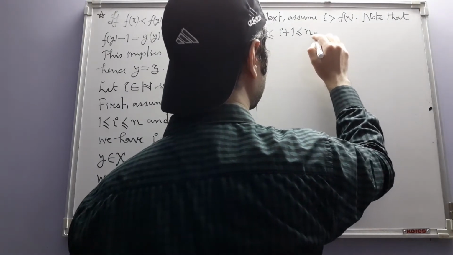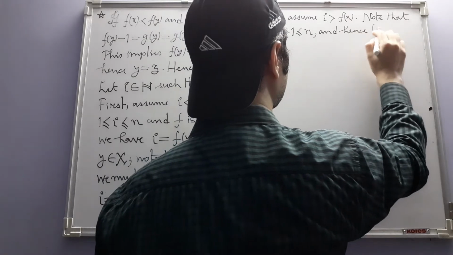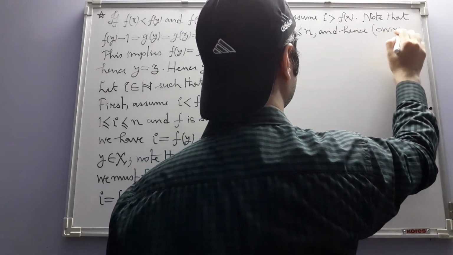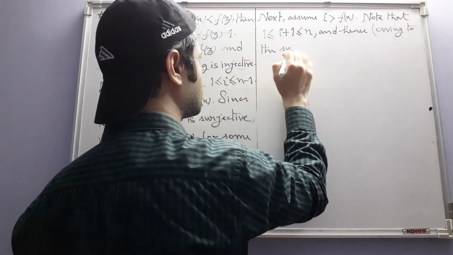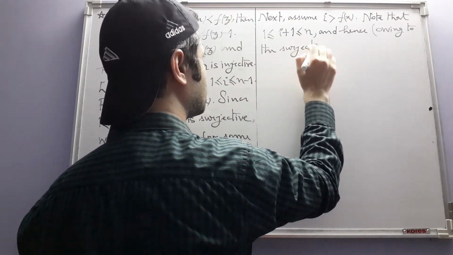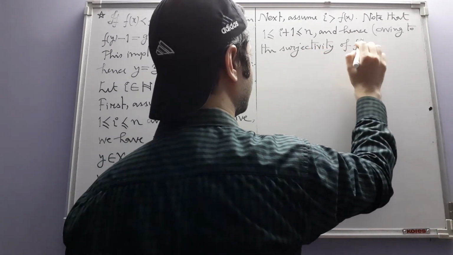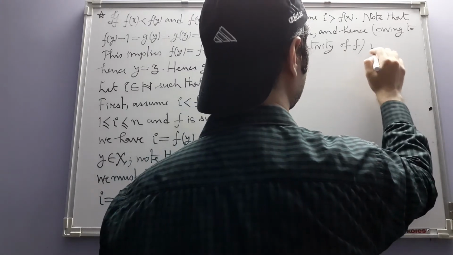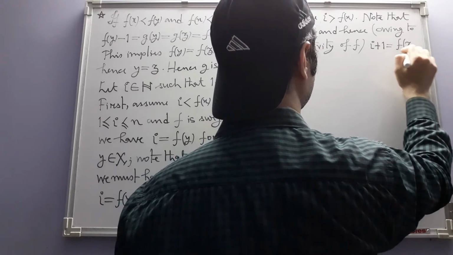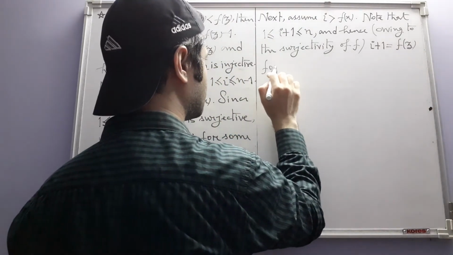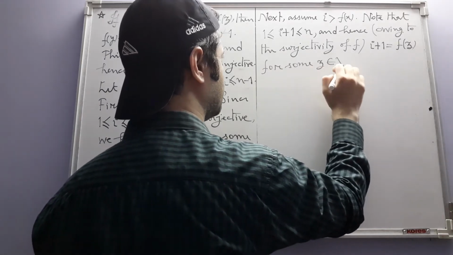and hence owing to the surjectivity of f, I plus 1 is equal to f of z for some z belonging to x.